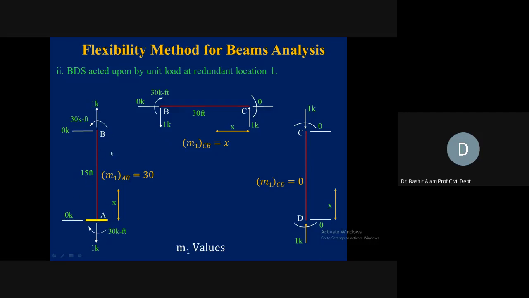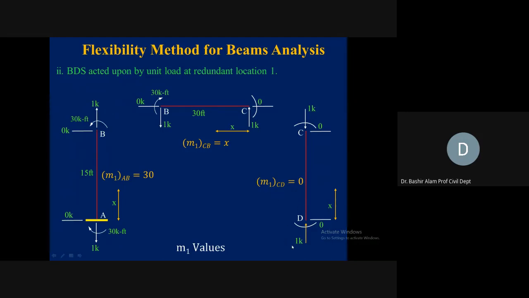And its I is only a single I. Coming to BC, taking the start from C as we did for capital M values, the moment will be 1 times X. It is positive because it is causing compression in the outer fiber, and the moment which is causing compression in the outer fiber, we take as positive. So 1 times X, the other moment is 0, so no need to write it. Then M1 at CD is equal to 0.